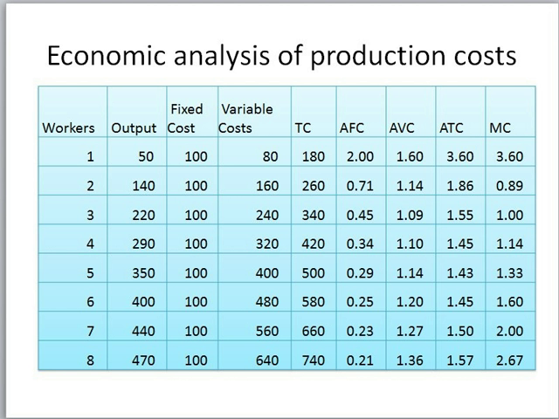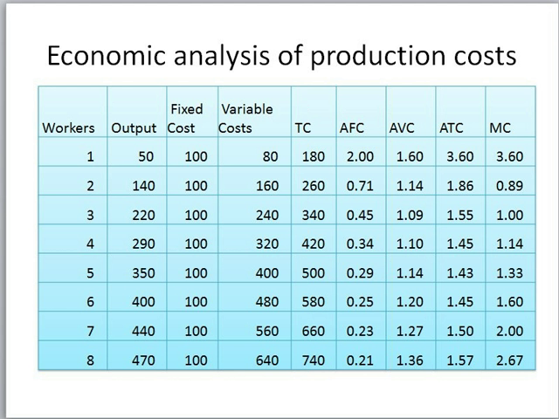Then the next one is the average fixed cost, and that is just how many dollars it costs per unit, just the contribution to the cost of the product given the fixed cost. And naturally, since it's fixed, the more output we have, the less contribution or the less average fixed cost we have in each one of these items.